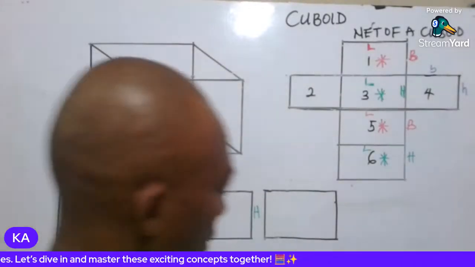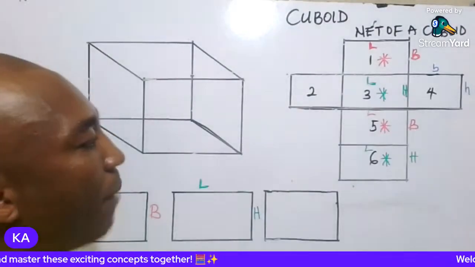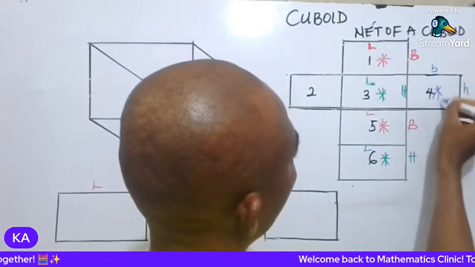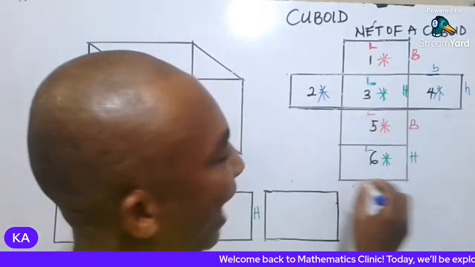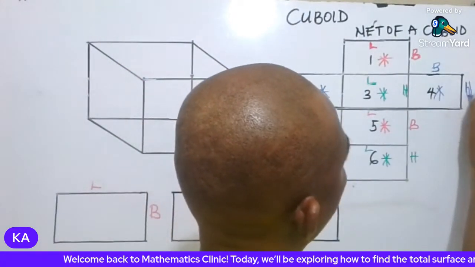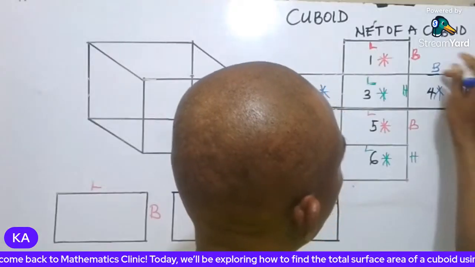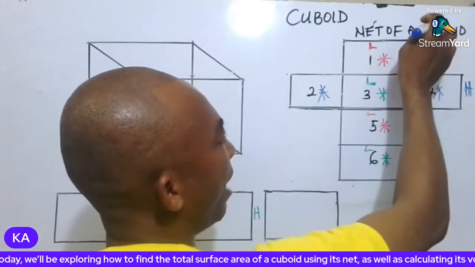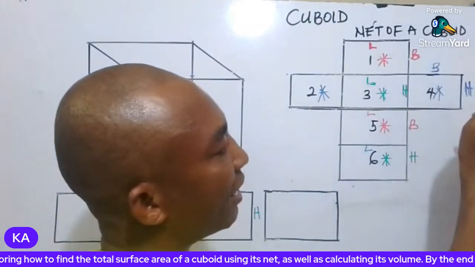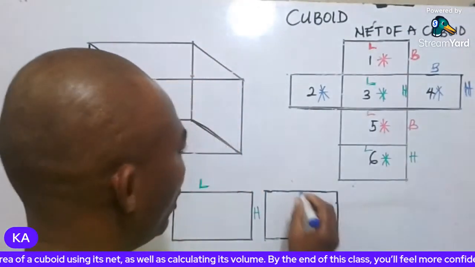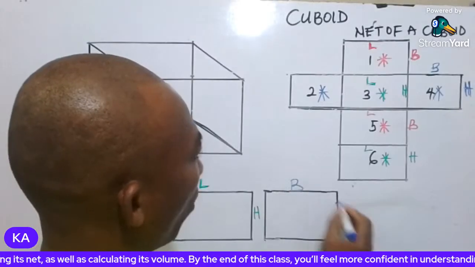Let's see the third part, which is 4 and 2. They look alike. Yes. So this is breadth and this is height. And of course, when you raise this up, you see that it will be of the same size with this. And that is why it is breadth and height.